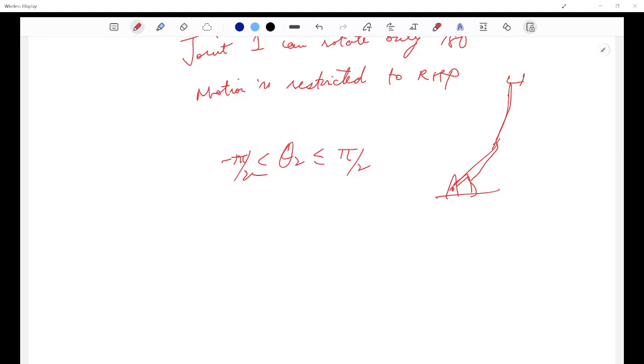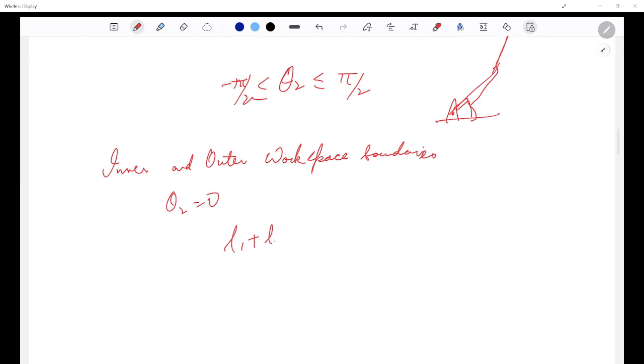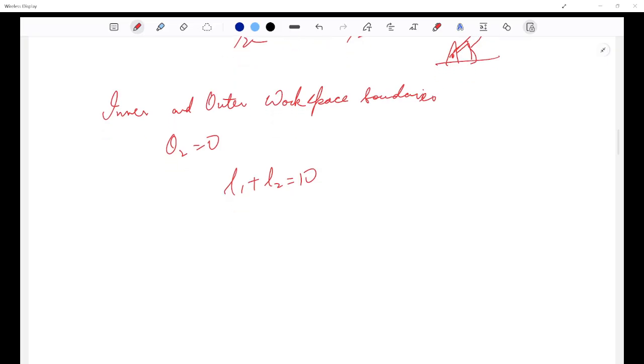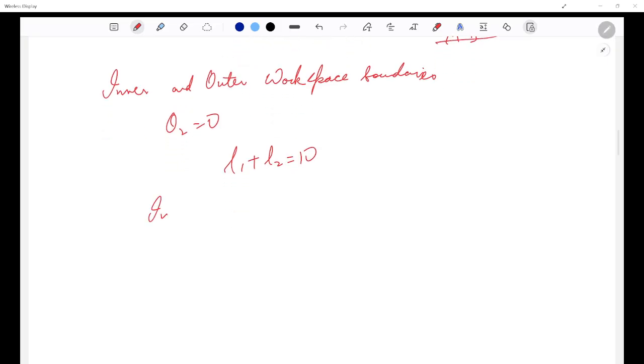So let's come to this. Let's talk about boundaries first. When theta 2 is equal to 0 degree, you'll get L1 plus L2 is equal to 10. So the outer boundary is part of a circle but not full, only the allowed angle to sweep in for theta 1, which is minus pi by 2 to pi by 2. Inner boundary, when would it occur?